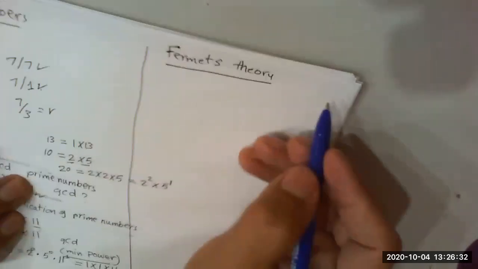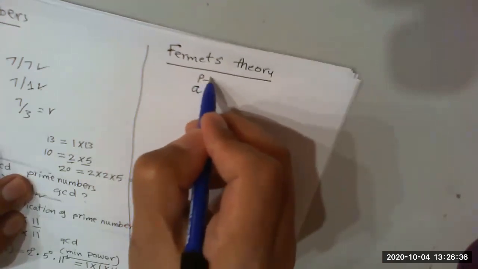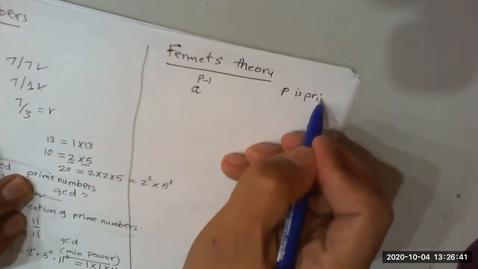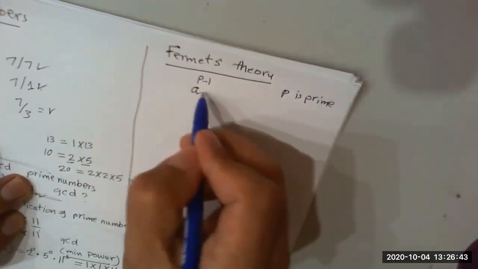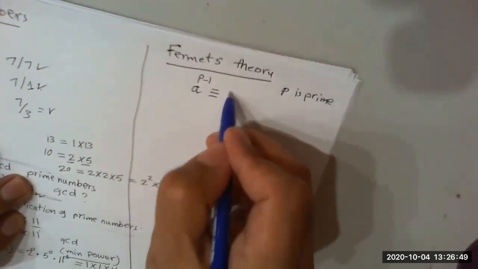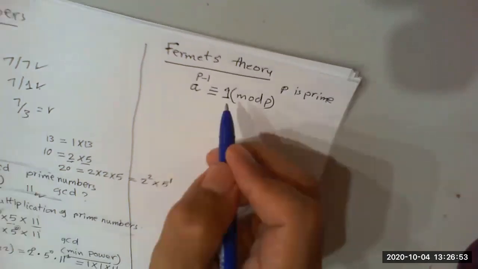Fermat's theory says that if I have A raised to the power P minus 1, while P is prime, this number is congruent to 1 mod P. Okay?